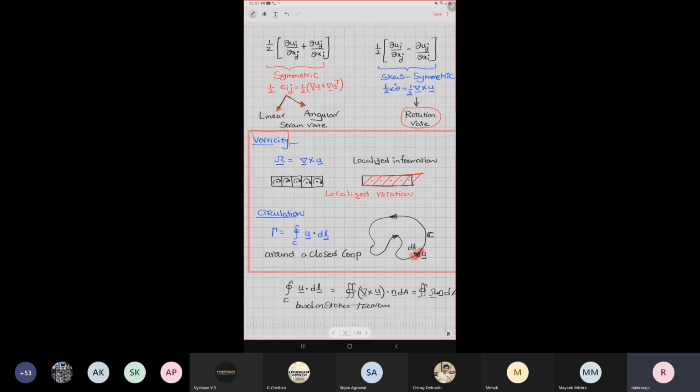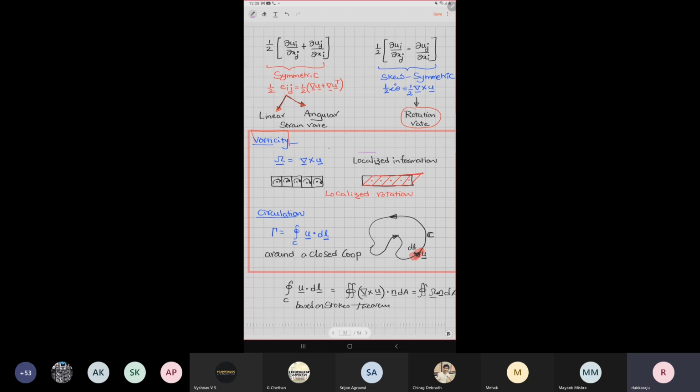Whenever such motions exist, rotations, usually such rotation will be generated by applying shear forces inside the system. For example, initially there is a black element, but because you apply shear, it starts trying to spin around. It translates and also starts spinning around its own axis.